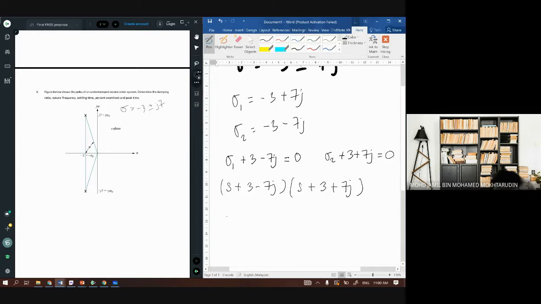So multiply, you get s squared plus 3s plus 7js plus 3s plus 9 plus 21j minus 7js minus 21j minus 49j squared.